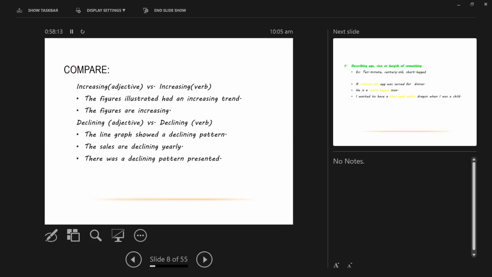Okay, ito na yung sinasabi ko sa inyong examples. So, the word increasing used as an adjective and the word increasing used as a verb. Let's read the first example. The figures illustrated had an increasing trend.